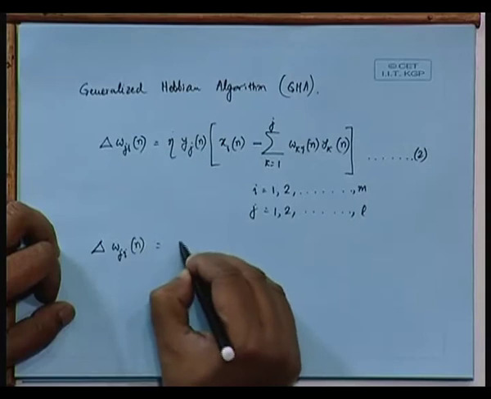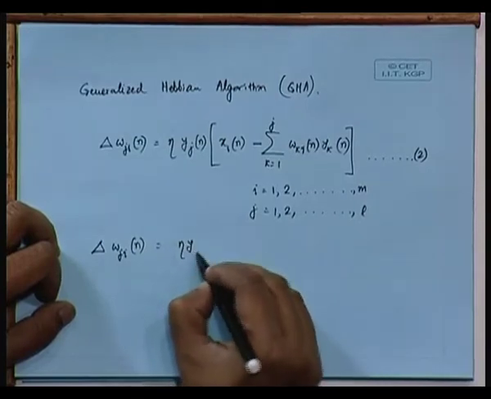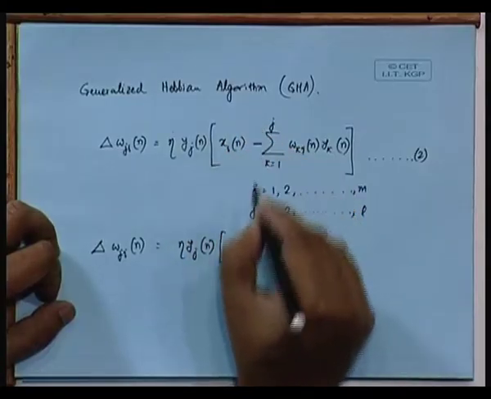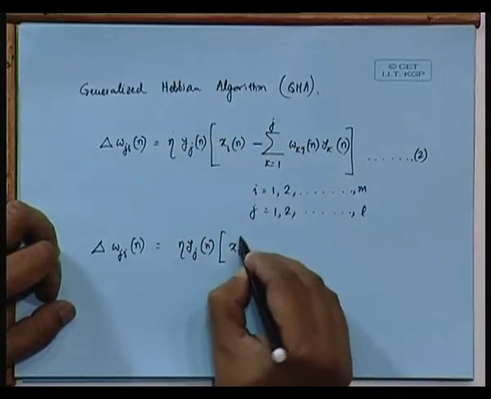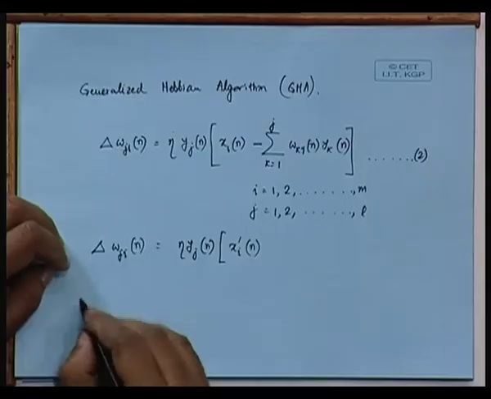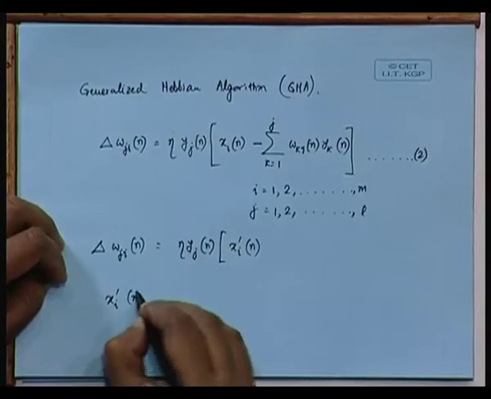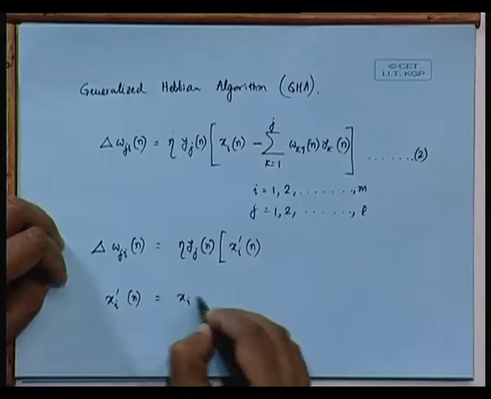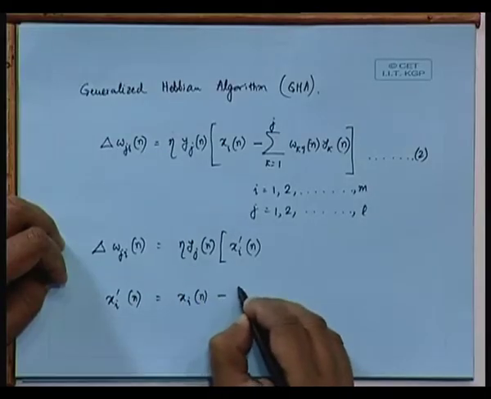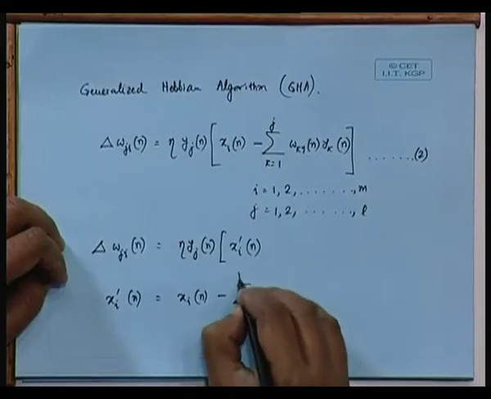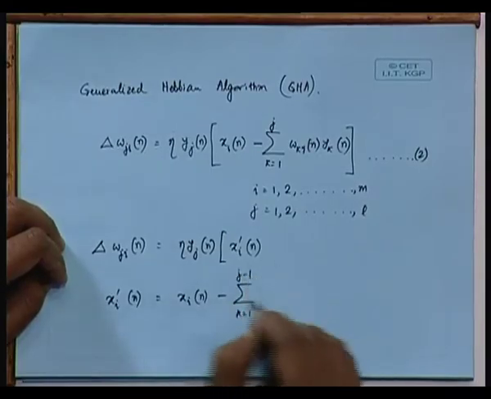Wji(n) will be equal to eta yj(n), and let us define a quantity xi'(n), where this xi'(n) we are defining as xi(n) minus the summation over k equal to 1 to j minus 1.